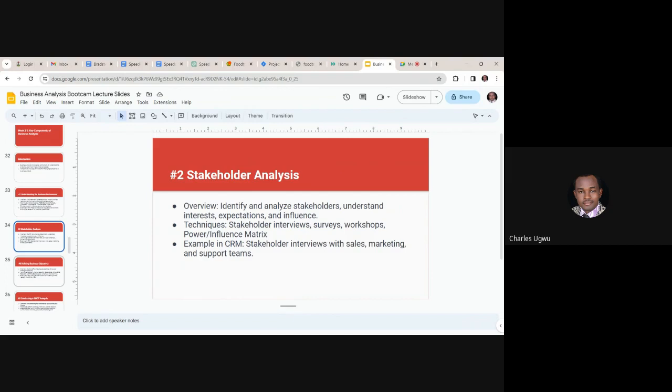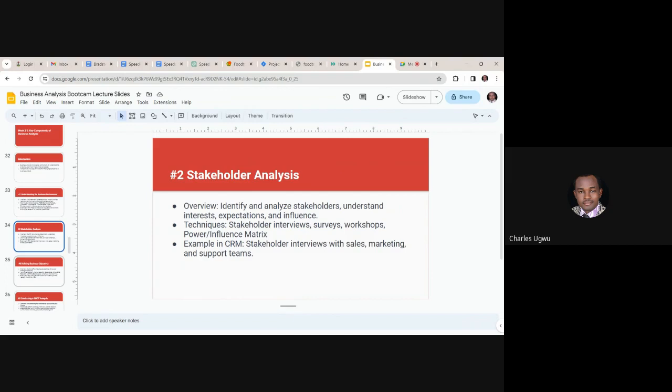You need to interview to understand stakeholders, carry out survey, do workshop. To understand stakeholders' need, you need to have a workshop with the stakeholders to understand their need, to understand their expectation, to understand their interest. At times, you need to issue a survey to various stakeholders, a way of data collection. With that, you understand what they need. You need to carry out one-on-one interview with all these stakeholders. But for you to do that, you must identify them first.